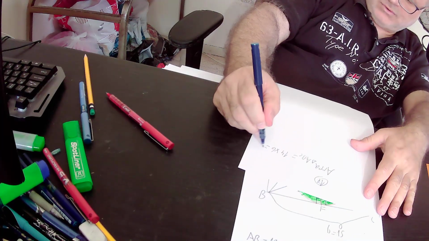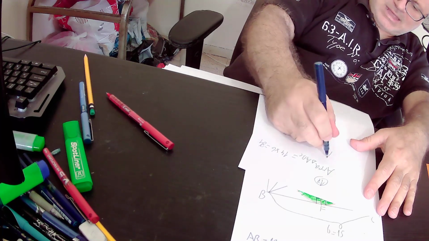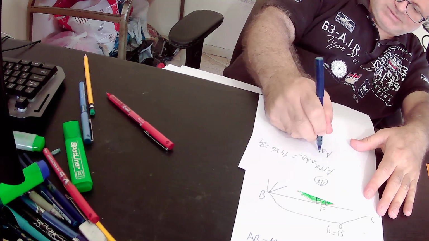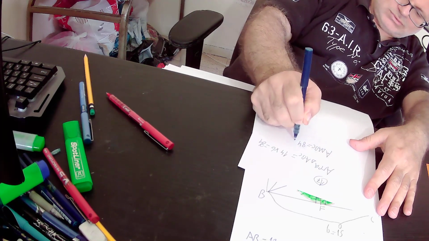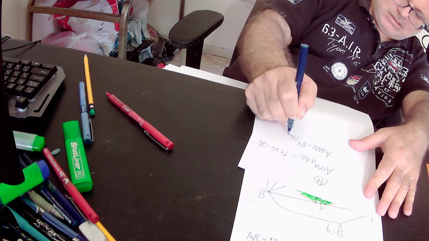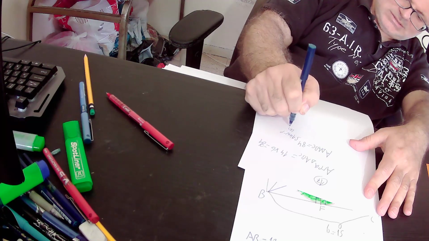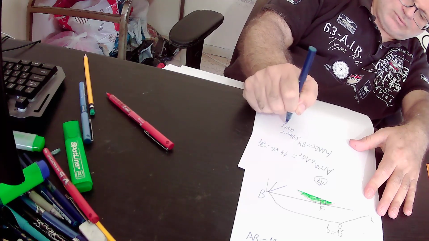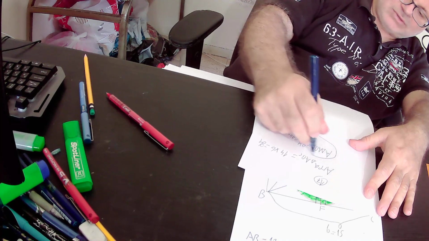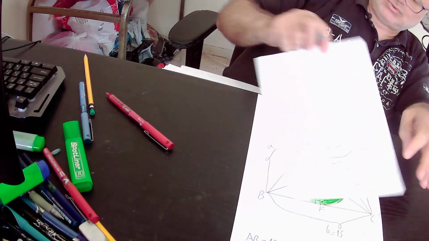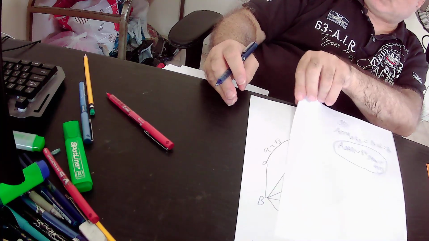So the area of triangle ABC equals 84 square units. We actually proved in the third way that the area of triangle ABC equals 84 square units.